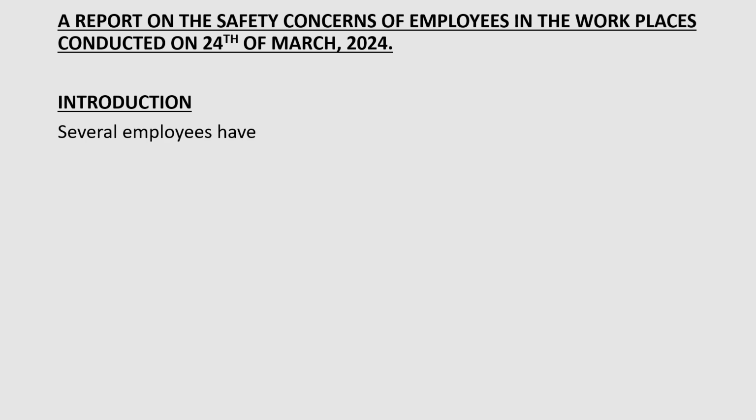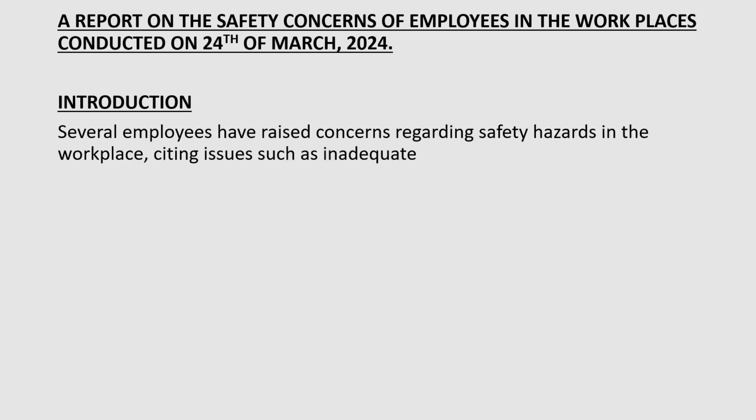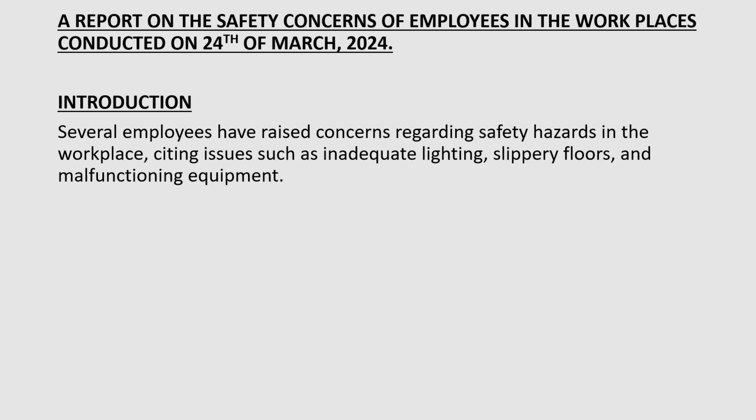So introduction. Several employees have raised concerns regarding safety hazards in the workplace, citing issues such as inadequate lighting, slippery floors, and malfunctioning equipment. Okay, that's the introduction there. Then, since there were these concerns about the safety hazards, maybe people are sent there to go and check.